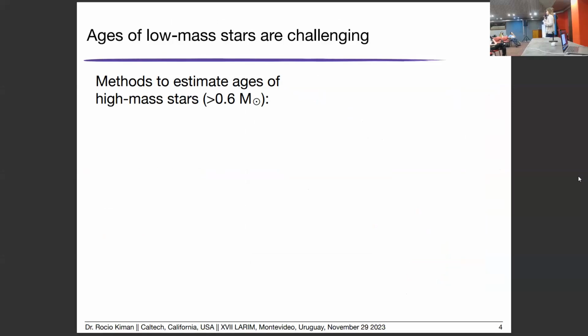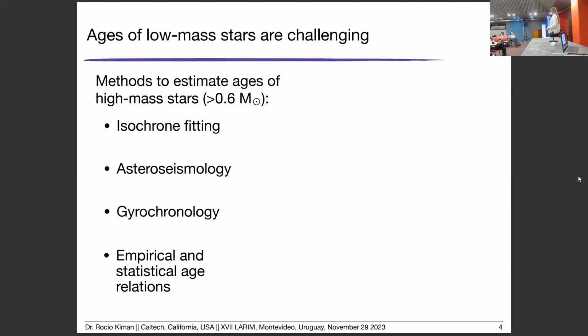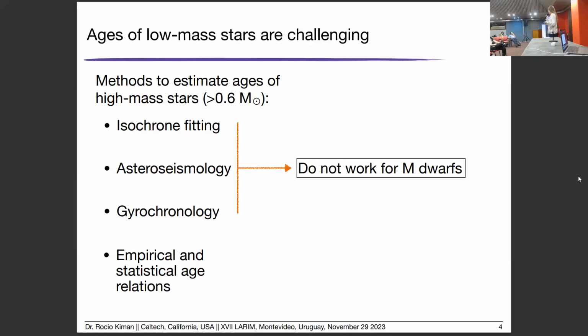Getting ages of M dwarfs is quite challenging. Although we do have a lot of ways to study ages of higher mass stars, such as isochrone fitting, asteroseismology, gyrochronology, and empirical and statistical age relationships, when we go to the M dwarfs, this doesn't work. Isochrone fitting: when the M dwarf gets into the main sequence, it just sits there for a long time.